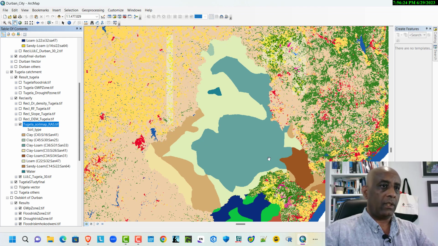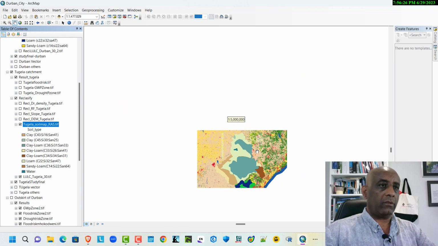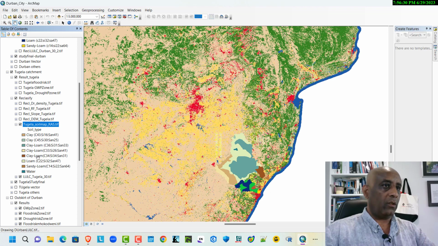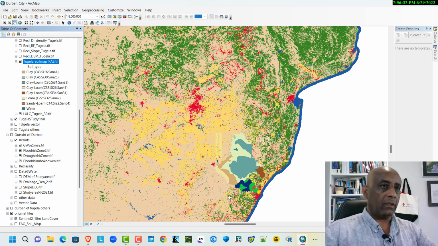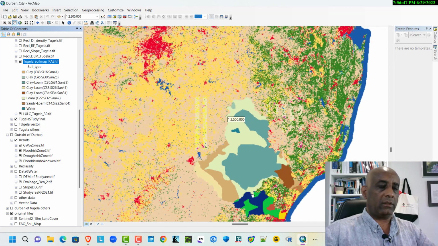The yellow is loam, clay loam. Same thing happens here as well, I think. They are connected. This one is also loam. This one is also loam. This one, the green one, is also loam soil. That is simply to show the soil type.